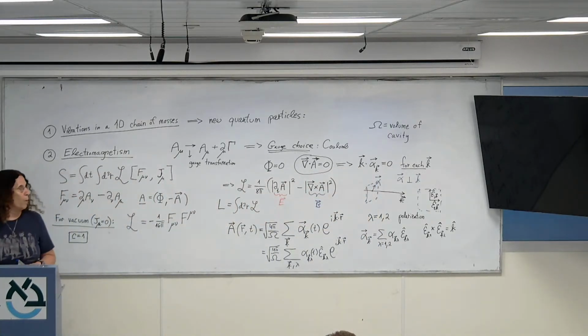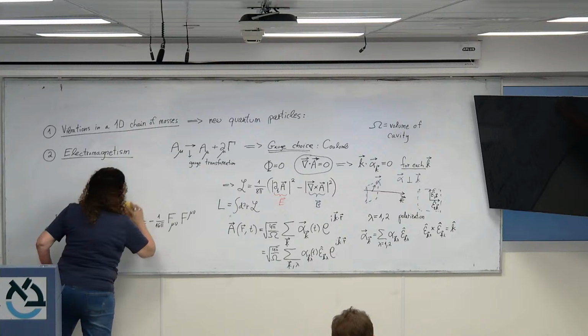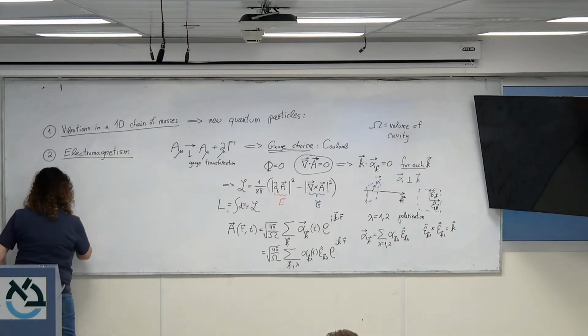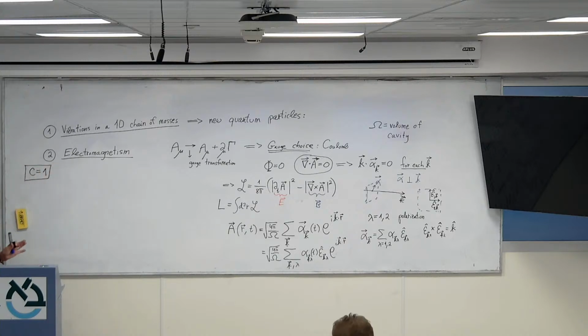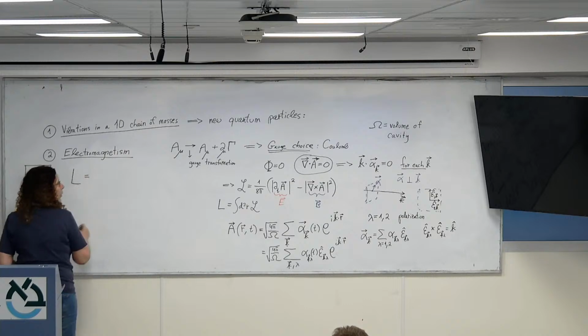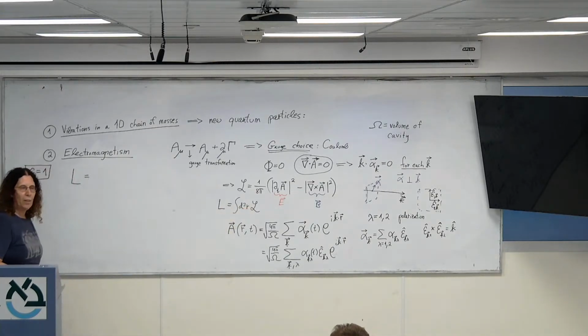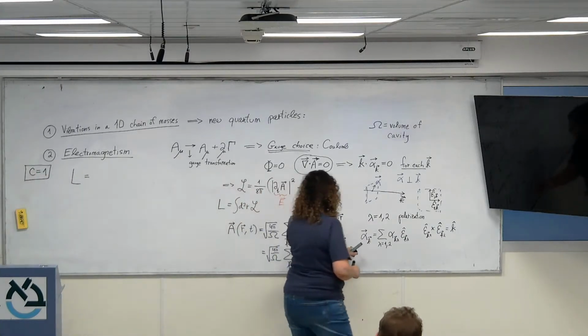I think this part I can erase and just write what we get, but I do want to keep in mind that c equals 1 until further notice. So that's what we find for the Lagrangian. The Lagrangian is the integral over the Lagrangian density, and after we do the integration, we get rid of these exponents. This is the usual thing.